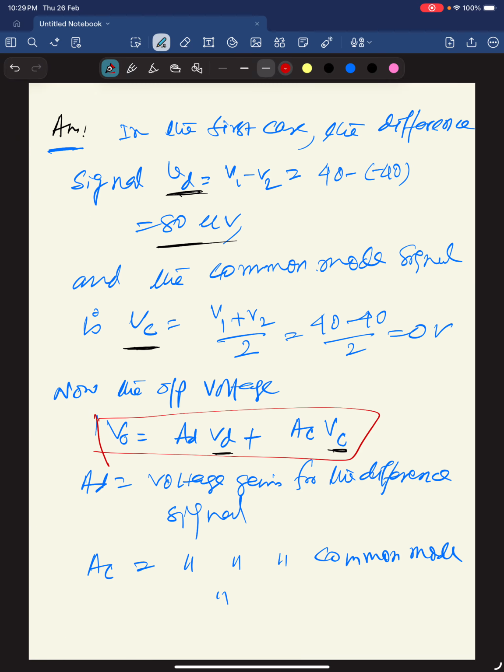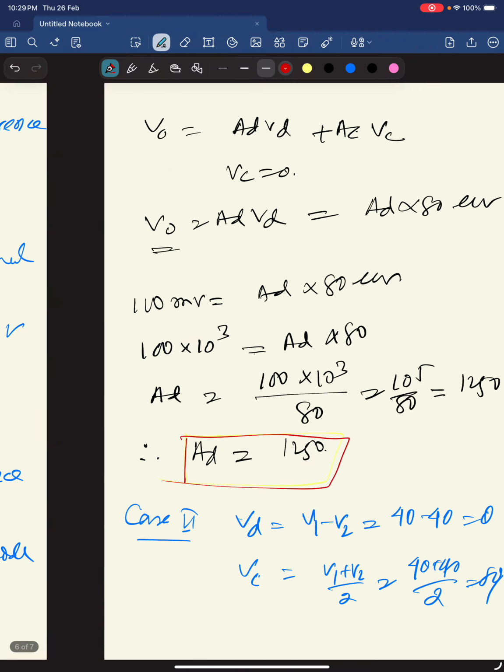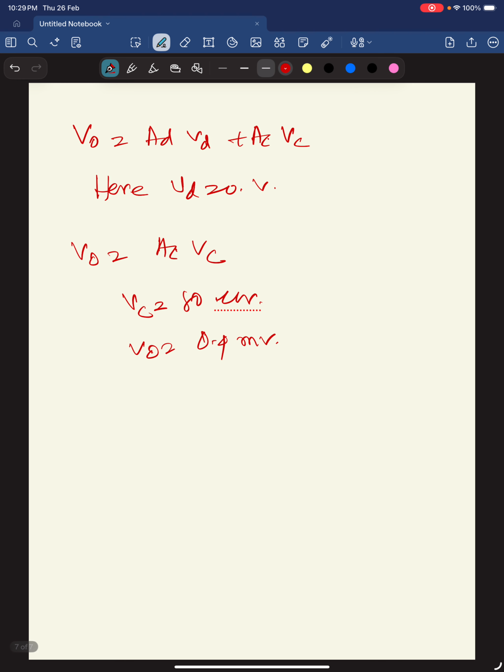0.4 millivolt. So AC is equal to V0 by VC. V0 is equal to 0.4 into 10 to the power 3 divided by VC is equal to 80. So if you calculate it, it will give you 10.